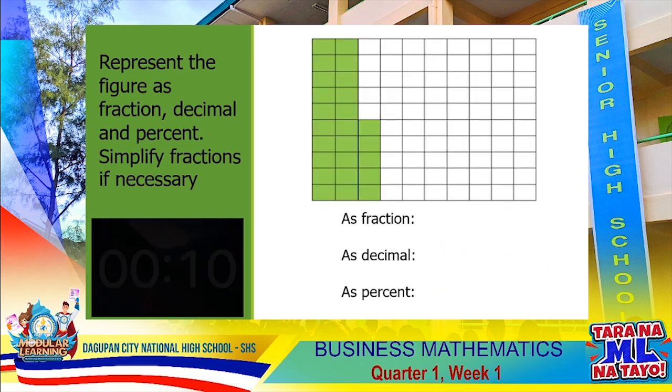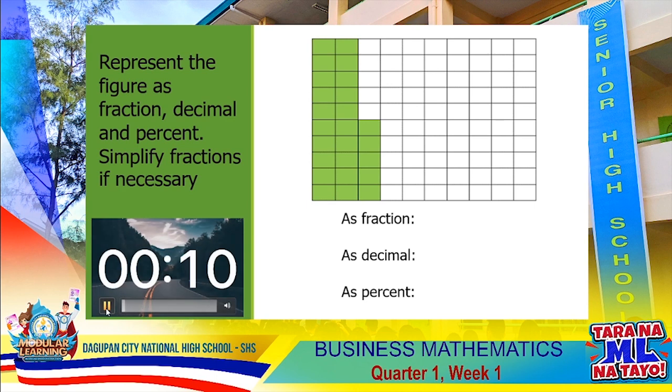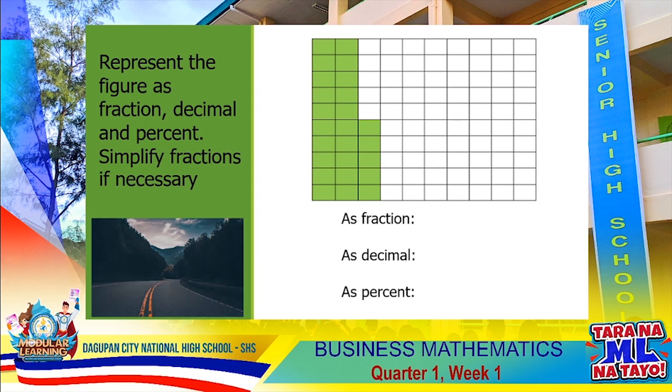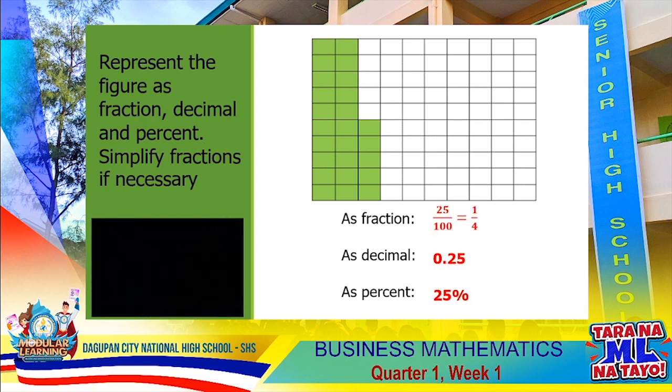Our second figure... the answers are 1/4, 0.25, and 25%.